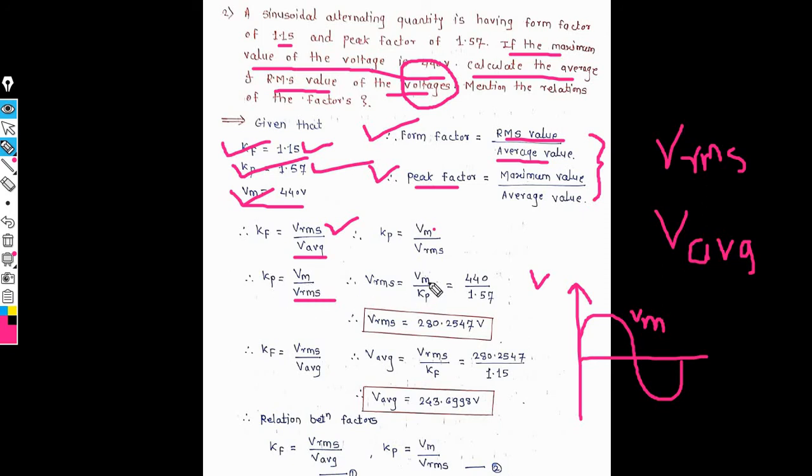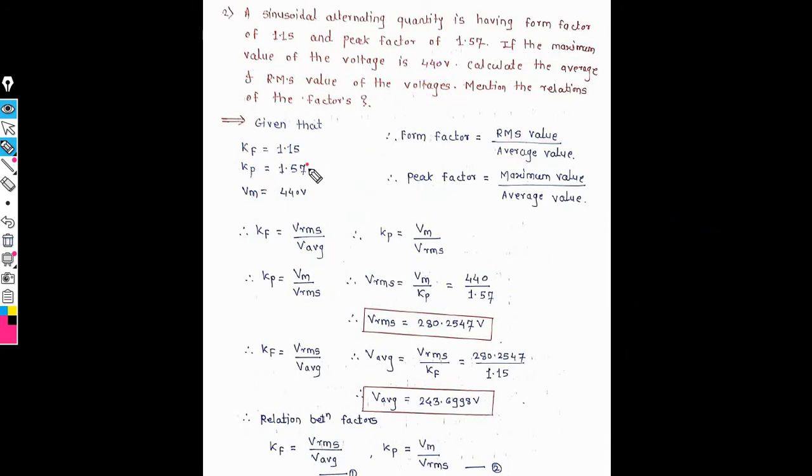Then the maximum voltage is given, 440 volt, put here, and Vrms is equal to Vm upon Kp. The Kp value is given as 1.57. So Vrms is equal to Vm upon Kp, that is 440 upon 1.57.